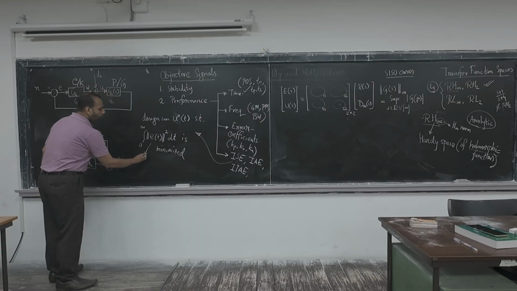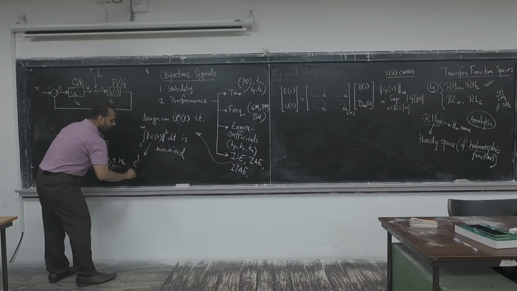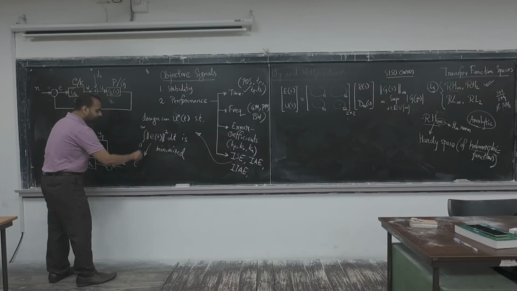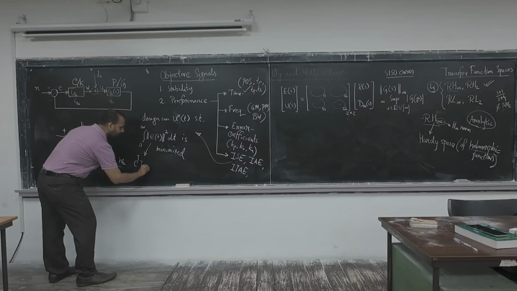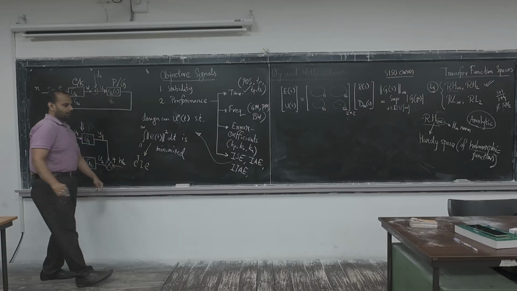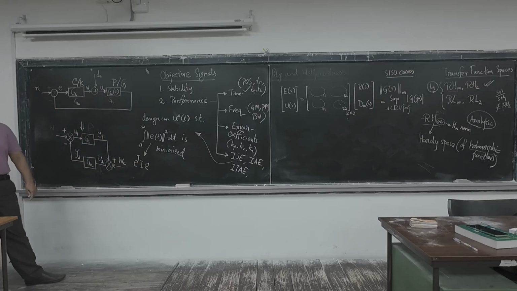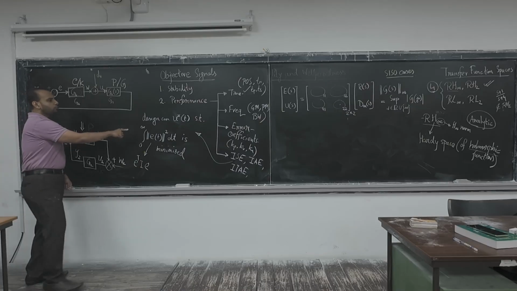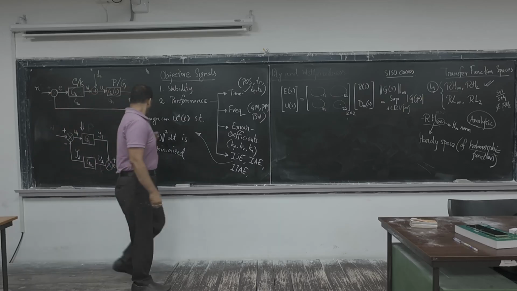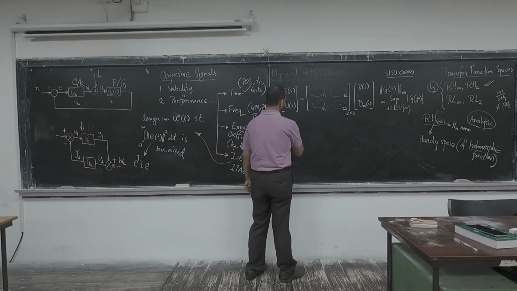Like here you can write E transpose Q E, where Q would be simply an identity matrix. Then if it is E1, E2, E3, it will simply be E1 square, E2 square, E3 square. Why do you tend to think towards LQR? Because in LQR, what is the J?